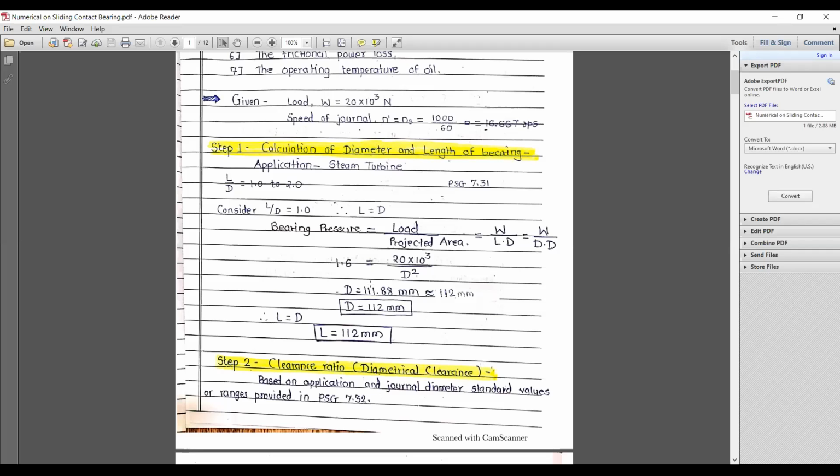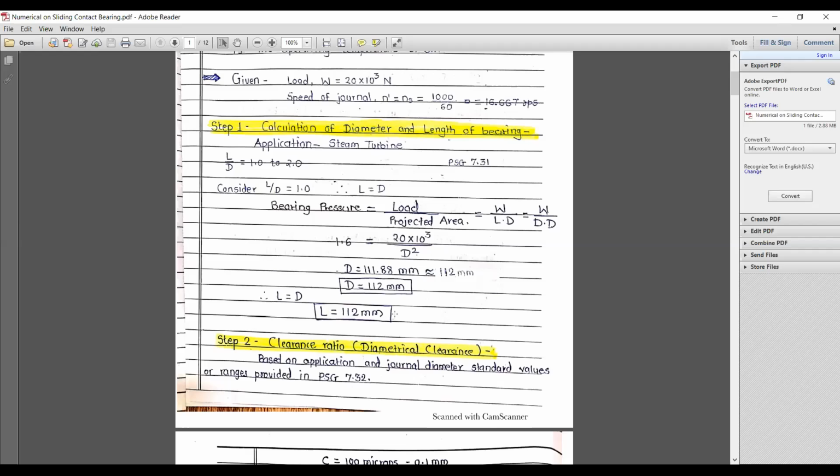Putting all the values, we get D equal to 111.88, which we can round to 112 mm. So length and diameter of the bearing are 112 mm, as we are using L by D ratio equal to 1.